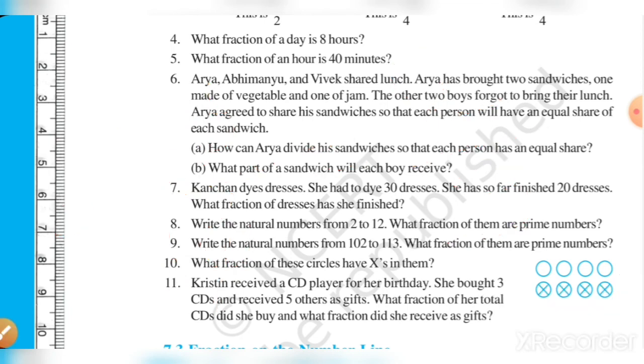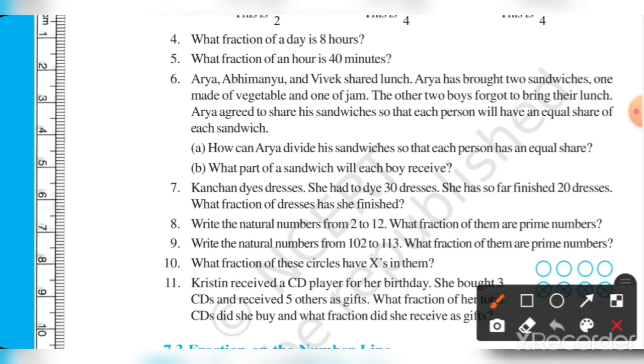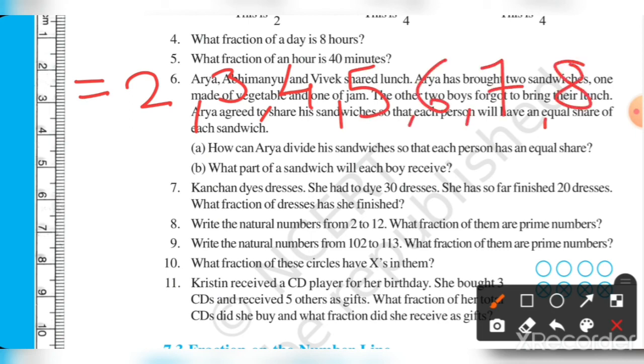Question 8. Write the natural numbers from 2 to 12. What fraction of them are prime numbers? For this, first we need to write all the natural numbers. Which are the natural numbers? 2, 3, 4, 5, 6, 7, 8, 9, 10, 11, 12, till 12.